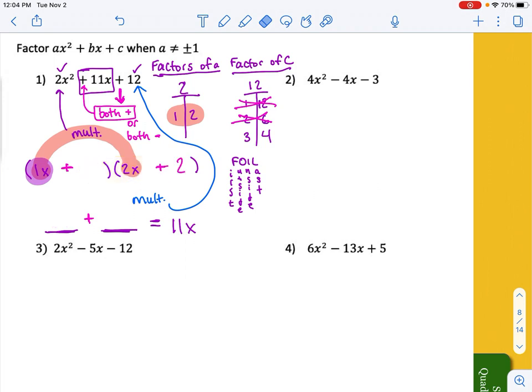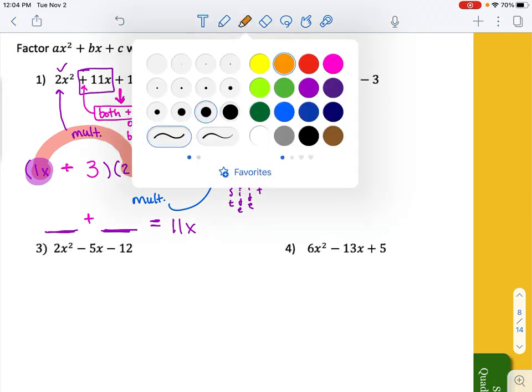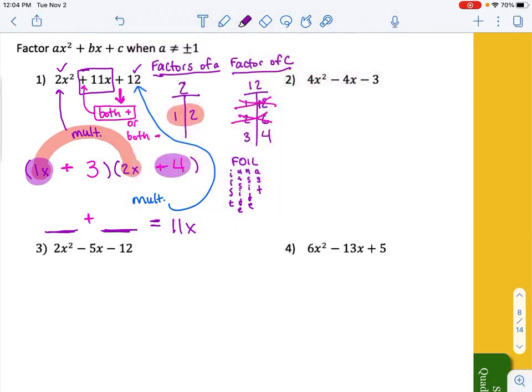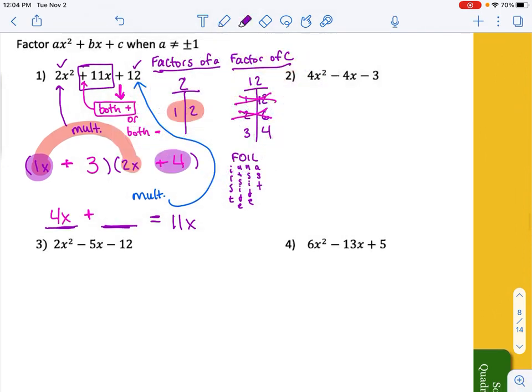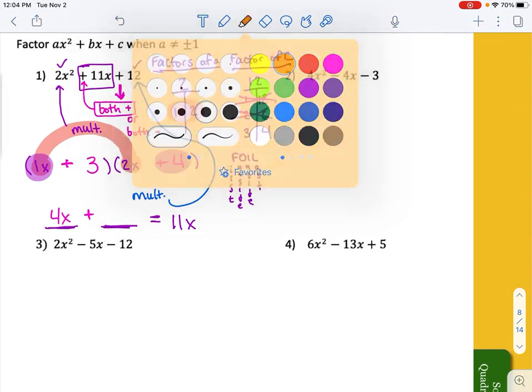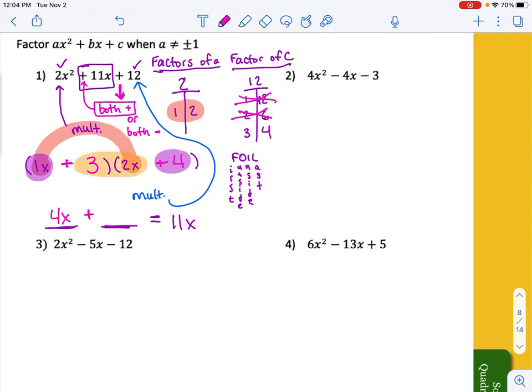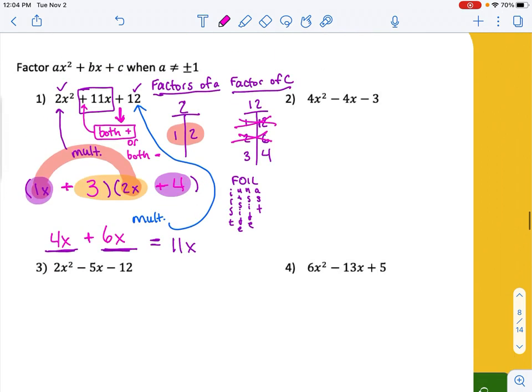So let's try instead 3 and 4. So now I have my outsides multiplied. I get 4x, and my insides multiplied, I get 6x, that's 10x, oh man, so it must have to work the other way.